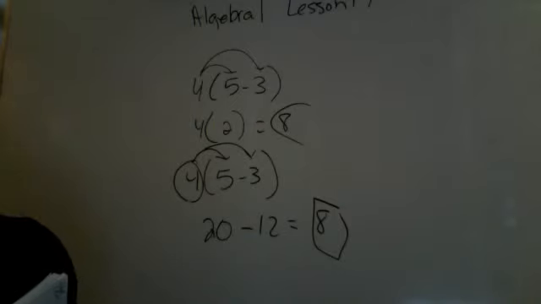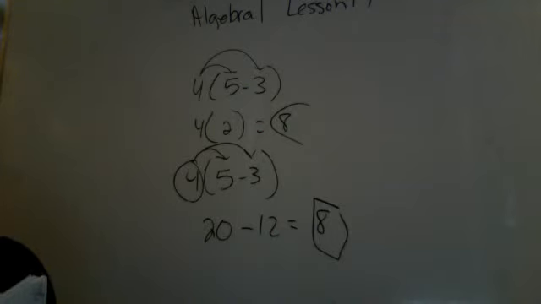So the distributive property, if you look on page 76 at 17c, says for any real numbers a, b, and c, a times (b plus c) is equal to ab plus ac. Okay?